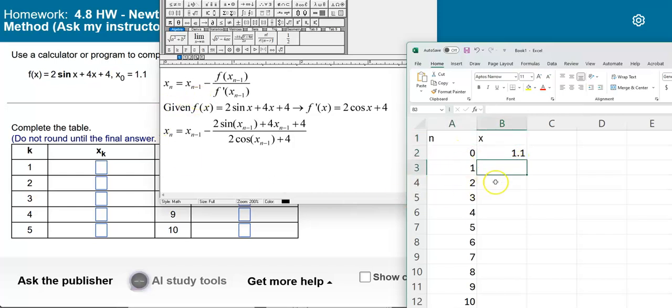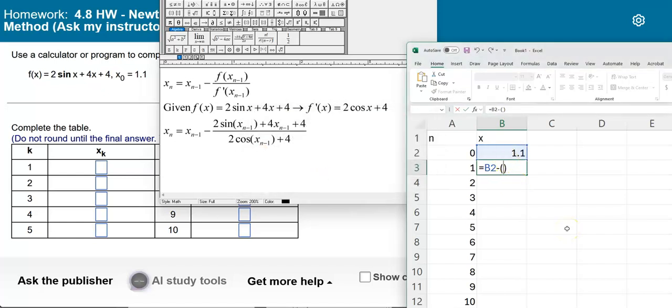Now, how do I find the next value, x sub n, the current value? I will use this cell right here, and then I'll enter this formula. I press equal, so the current value equals the previous x value, which is 1.1. I'll click on that cell, and then do minus. The formula says minus right here, and then I have a fraction, so I will put that inside a bracket.